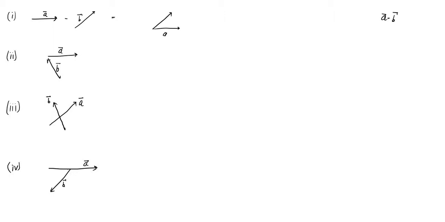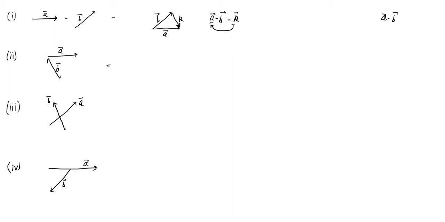So this is vector A and this is vector B. Now we have to join these two vectors from tail to tail. The resultant of A minus B will be the third side joining their heads. If we write A minus B is equal to R, the head of R should be towards A. So this is A and the head of R should be towards A.